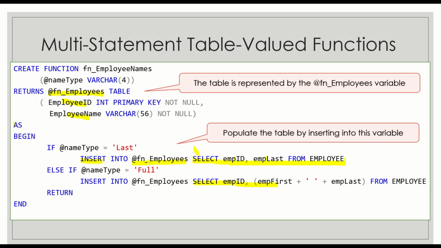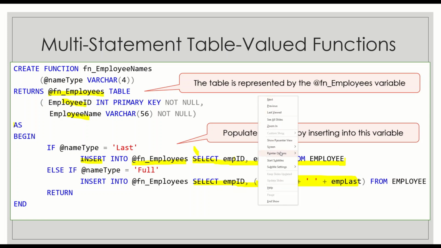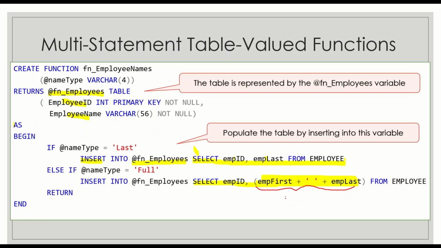We're still inserting the results of the select statement into our temporary table, but the select statement itself is a little bit different because instead of just the last name, now it's inserting the first and the last name together with a space. So in this case, this piece here becomes our employee name.